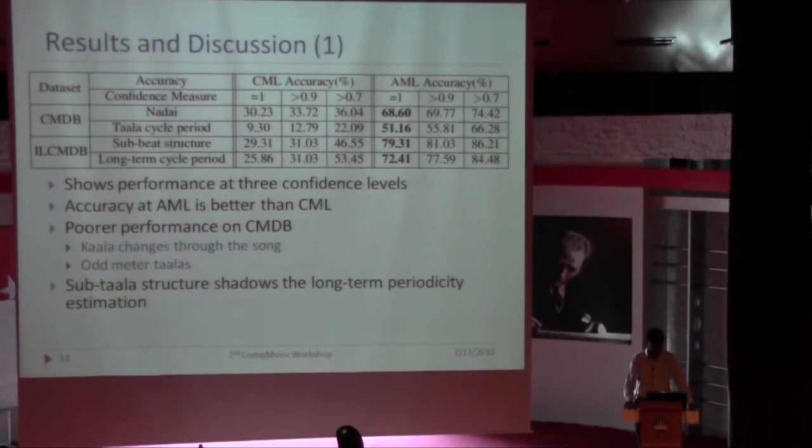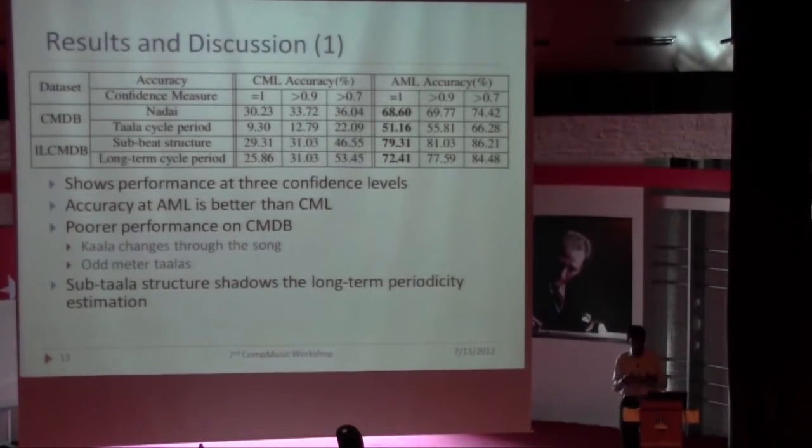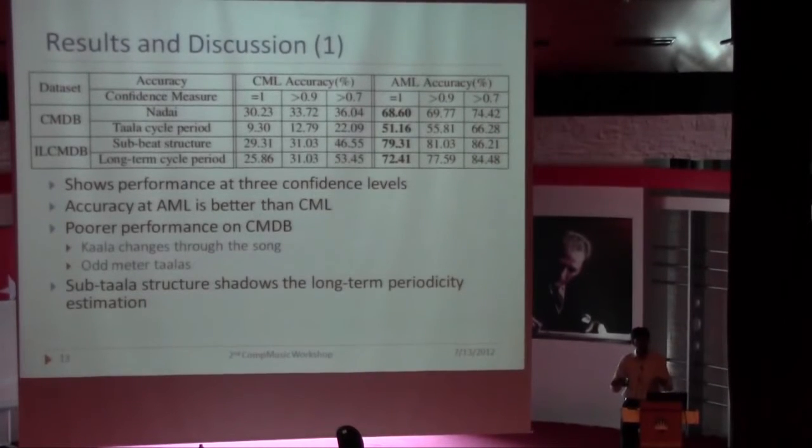One of the main reasons for that is the precise nature of the vibhags. Without actually taking care of the sub-Tala structure, so to say, at the vibhag level, if we directly go into the long structure, we may not exactly be able to find that. For example, if we take, say, Kanta Chapu, a tala which has a division of 2, 3, 2, 3, we would see a periodicity at 2 and at 3, but we may not see a periodicity at 5, because if it's not accented, the periodicities at 2 and 3 might overshadow the periodicity at 5, and we might get a lower score for a periodicity at 5.